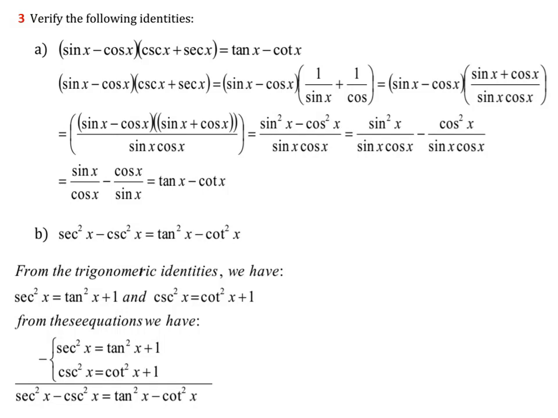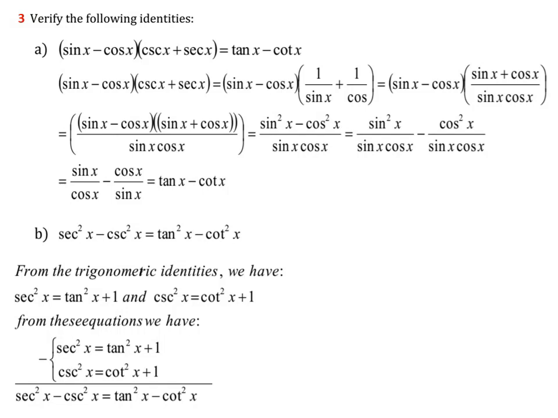Now, for the time being, let us start from the left hand side. That means (sin x minus cos x) times (cosec x plus sec x). As we know, cosec x is the reciprocal of sin x, and sec x is the reciprocal of cos x.